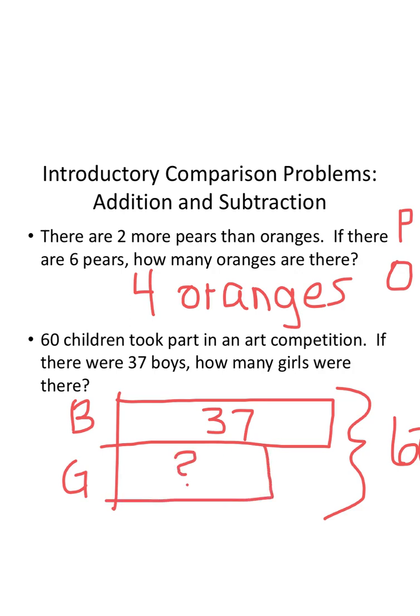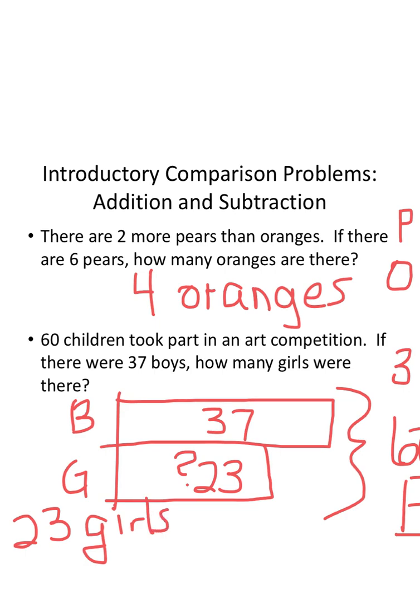So some number, so I write my equation, 37 plus a number equals 60. Now again, some kids would prefer to do this like this and write the 60 at the top and say my part is 37. How big is my other part? So 37 plus 23 equals 60. So there are 37 boys and 23 girls.